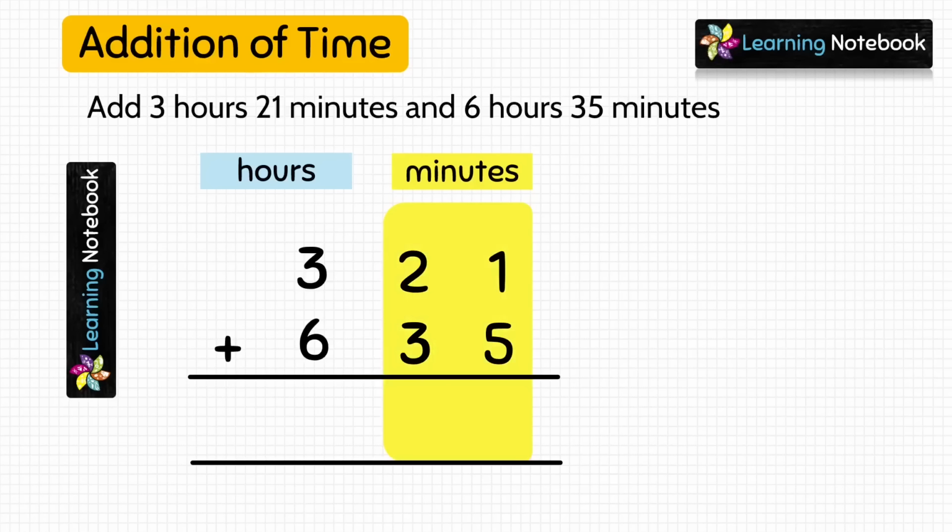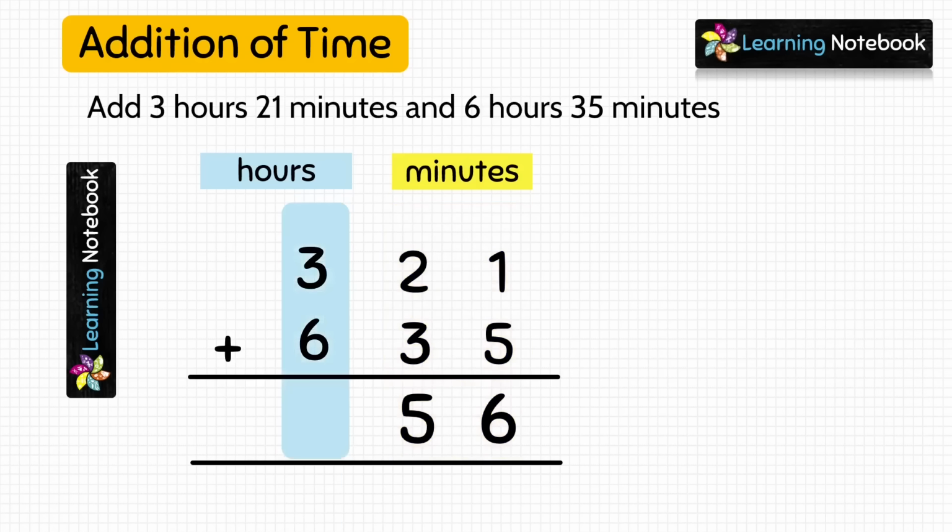So 21 plus 35 equals 56. So here we have got 56 minutes, which is less than 60 minutes. So it means here we need not convert 56 minutes into hours. So we will just keep it as 56 minutes.